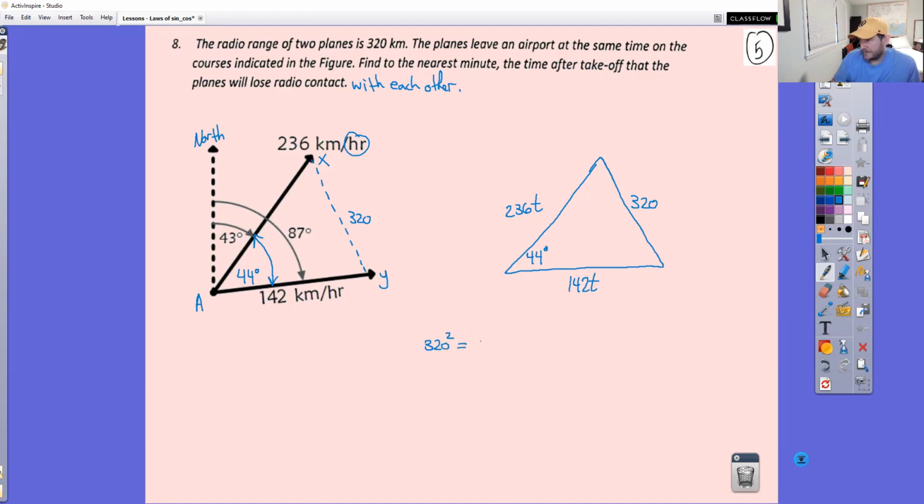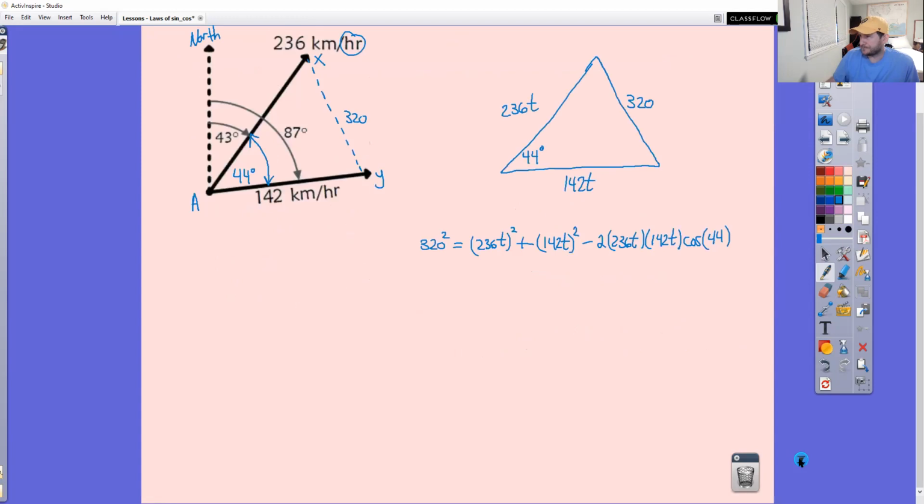It'll have to be equal to the (236t) squared plus (142t) squared minus 2 times 236t times 142t times the cosine of 44. Okay, so to be smart about this, this is going to give us a t squared, this will give us a t squared, and a t times a t is going to be a t squared. So something you might want to do right away is factor out that t squared.